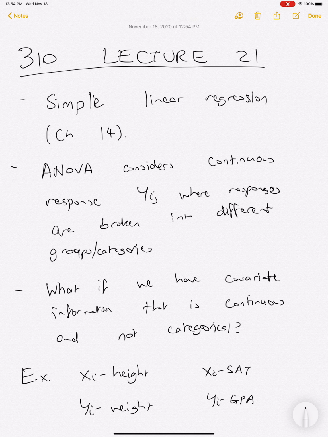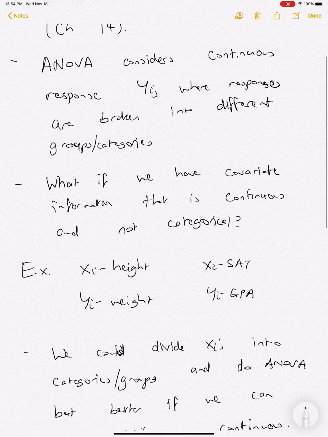But in many settings, and we're going to learn probably one of the most widely used tools in statistics here, you have continuous covariate information. So in some sense, you can't really divide your Ys or your responses into categories or groups in a natural way. Rather, they sit on some continuum. To give you two concrete examples, imagine you're looking at people's weights, but you also have information about their heights.